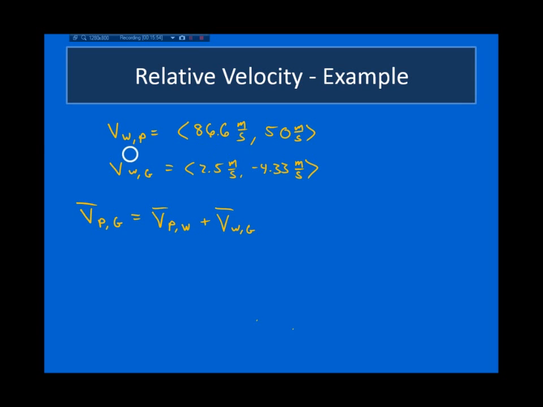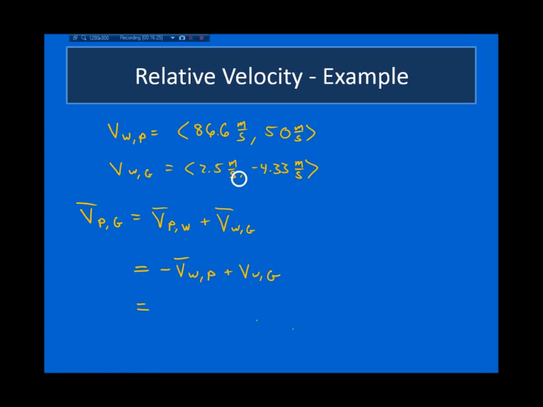What I was given was the velocity of the wind with respect to the plane, not the velocity of the plane with respect to the wind. But we know how these two things are related, right? The velocity of the plane with respect to the wind is minus the velocity of the wind with respect to the plane. So this is minus the velocity of the wind with respect to the plane plus the velocity of the wind with respect to the ground.